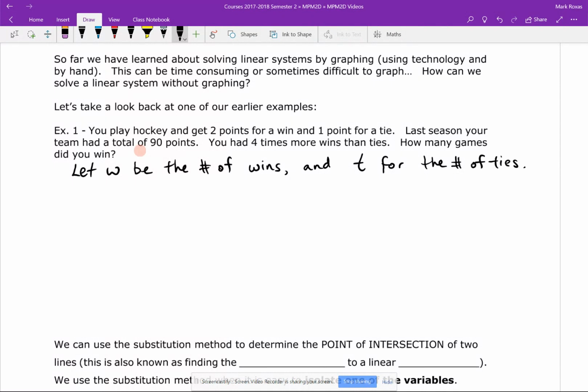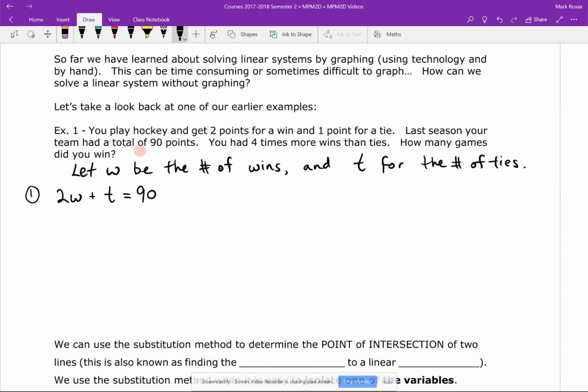Okay, and so let's call this equation number 1. Equation number 1 will be 2 points for every win, so 2 times the number of wins, w, plus 1 point for every tie, so t, is equal to a total of 90 points. So we had a total of 90 points for the season.